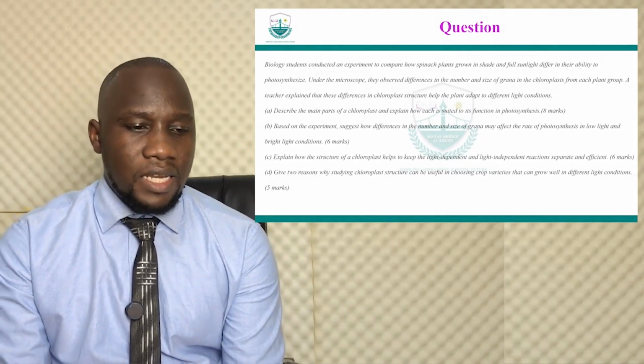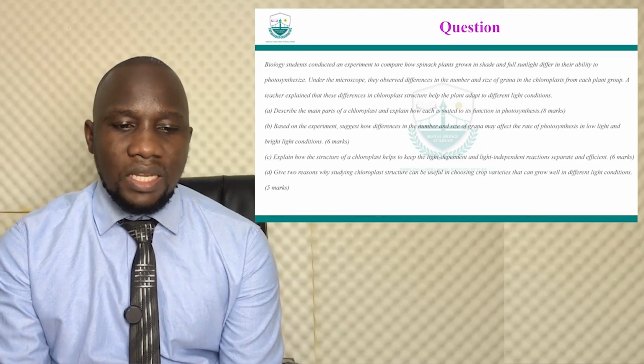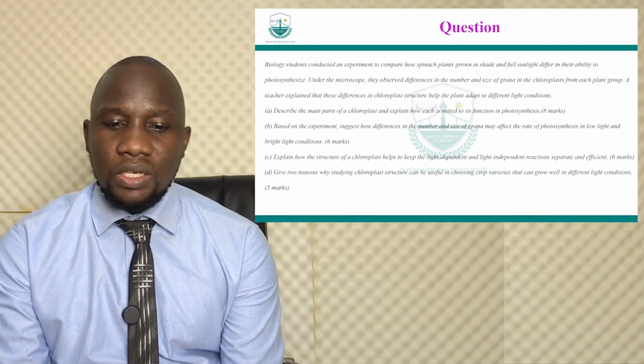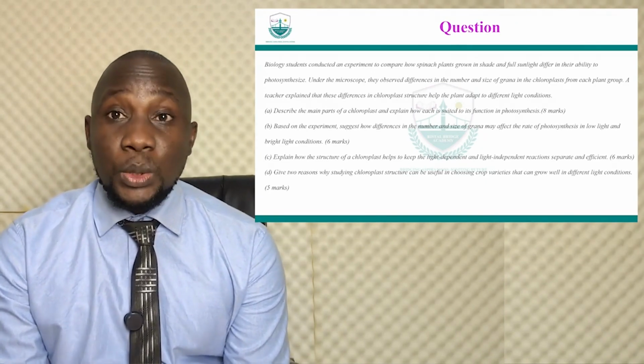Okay, and then the last question is: can you give reasons why studying chloroplast structure can be useful in choosing crop variety that can grow well in different light conditions?